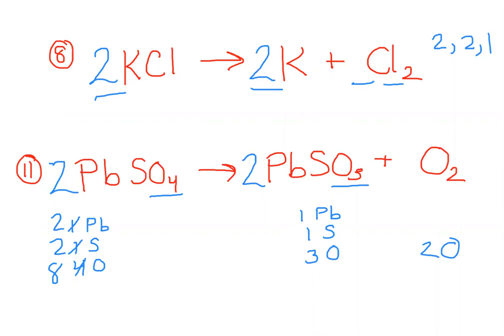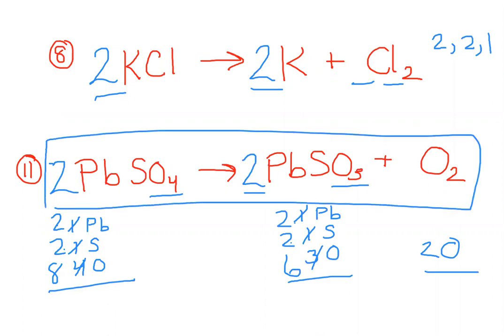So now that we put this 2, we have 2, 2, and now we have 6. So the leads match, the sulfurs match, and we have 8 oxygen here, and 6 plus 2 is 8. So this is a balanced equation.